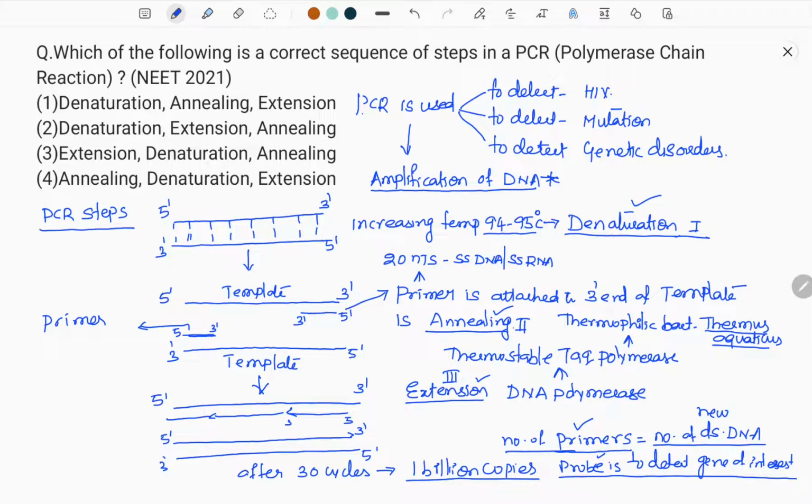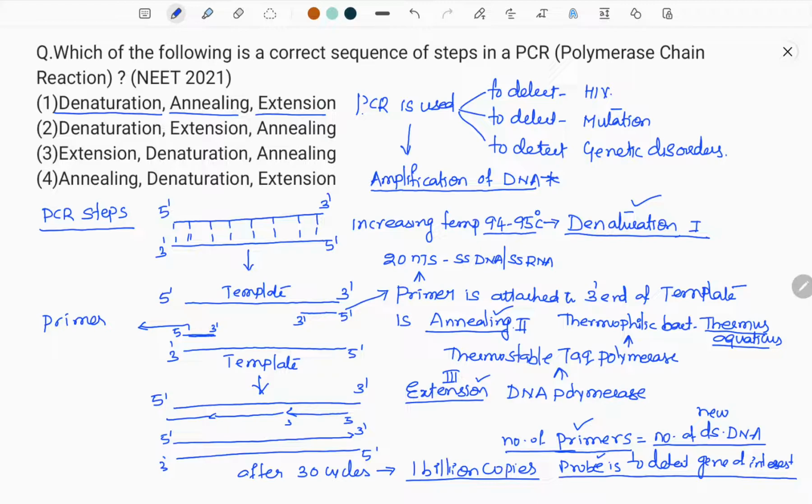So the first option itself is the right option here: denaturation, annealing and extension. Remember, in denaturation the temperature is raised, in annealing the temperature is lowered, in extension it is addition of complementary nucleotides to the template by using DNA polymerase, that is Taq polymerase.